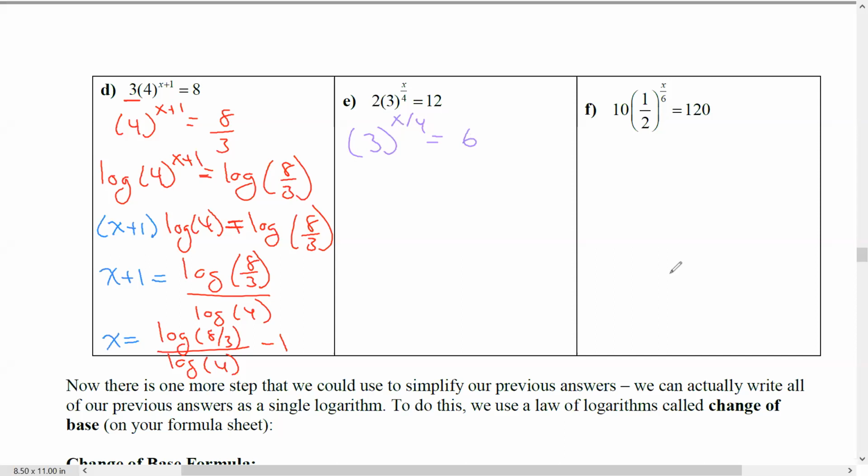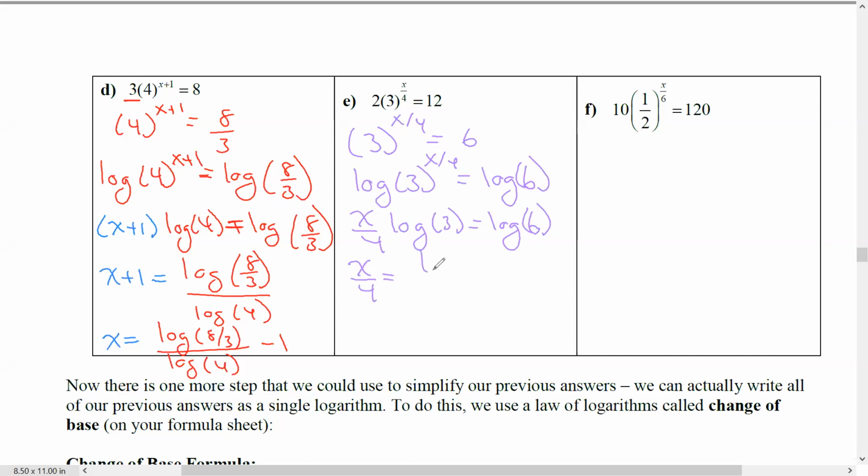Can't make bases the same, so now I'm going to turn it into a logarithm by taking the log of both sides. Power becomes a coefficient. Divide both sides by that log 3 right there.